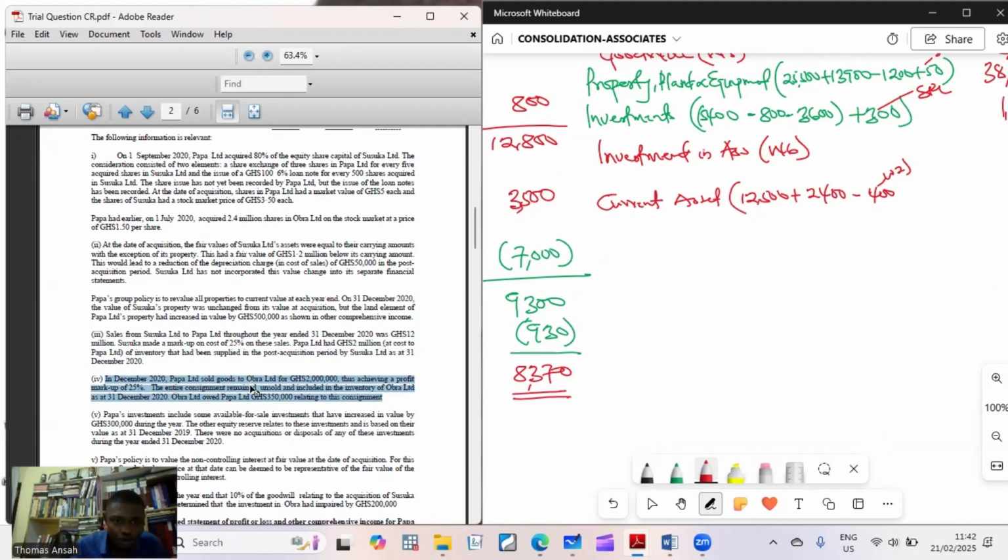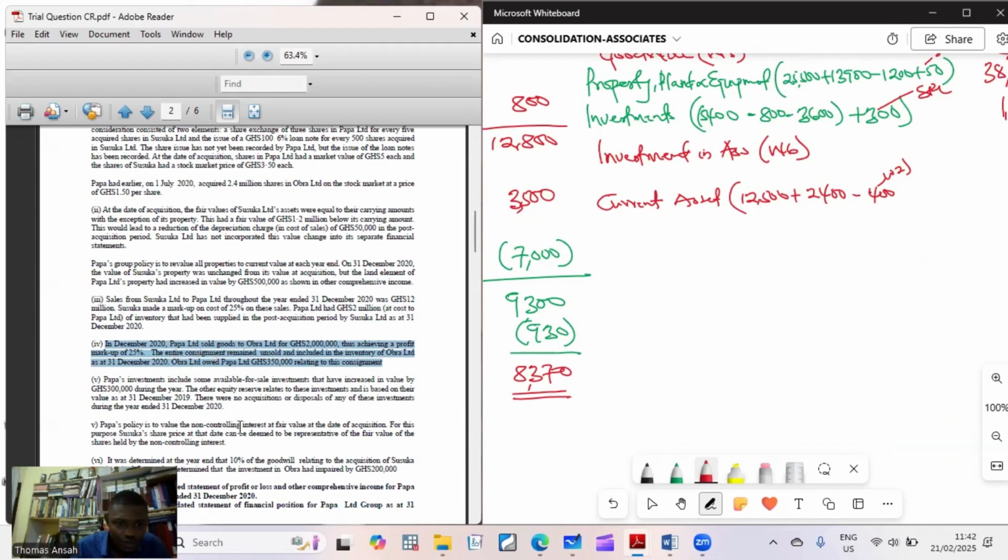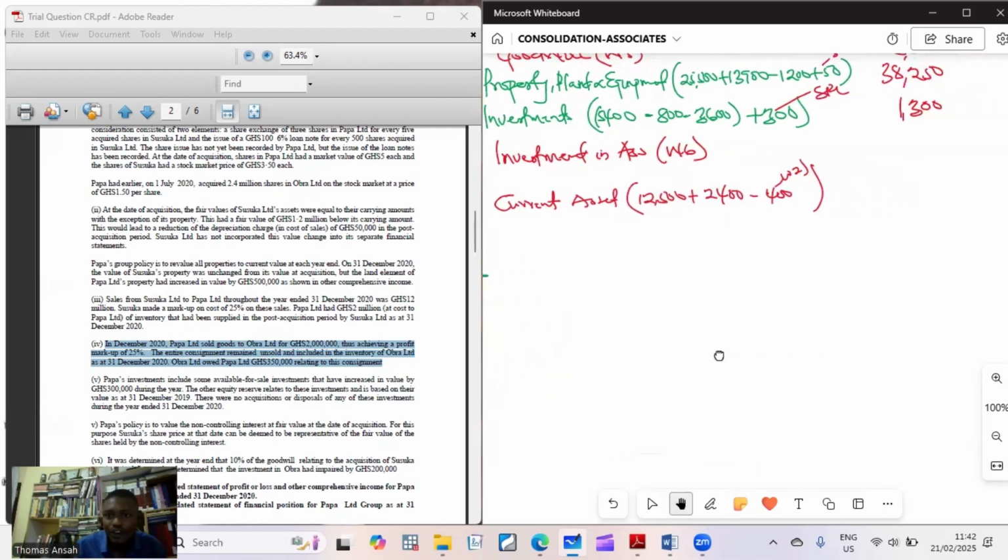It is about Obra, which is an associate. We don't consolidate anything of the associate. So that is that. So let me add these ones two together, the current asset, all right, together. If I add the current asset minus 400, 12,000 minus 400, I have 14,500.